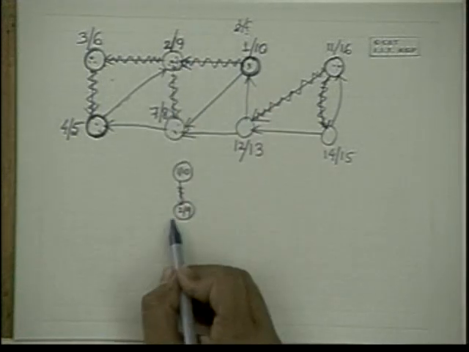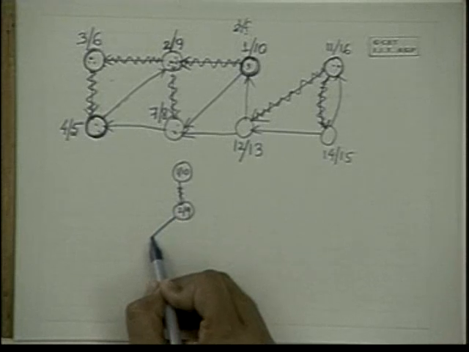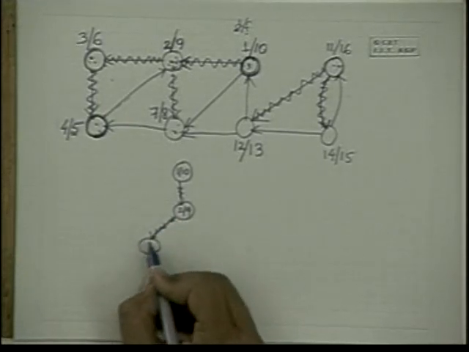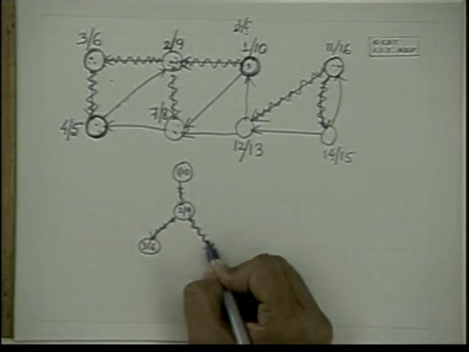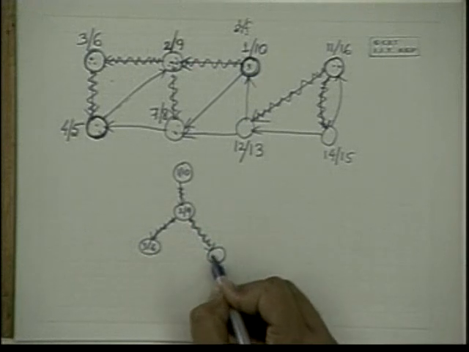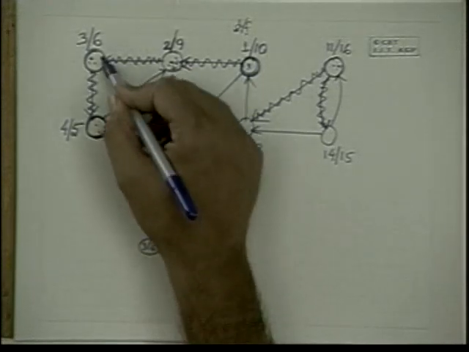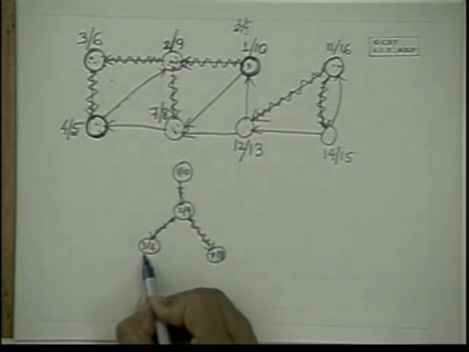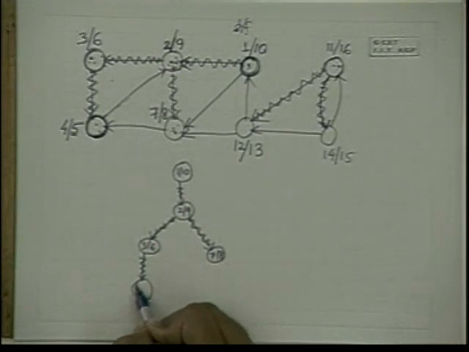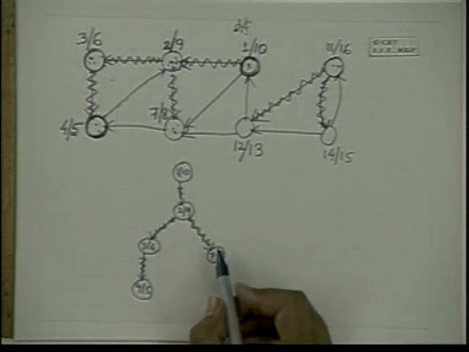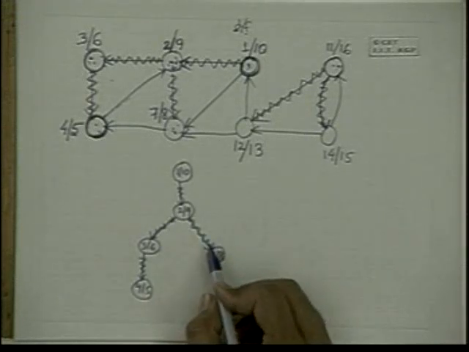Then from this one we gave 2 recursive calls. So this will be 3 by 6, and we gave another recursive call which is 7 by 8. So these 2. From 3 by 6 we gave a recursive call which is 4 by 5. From 7 by 8 we did not give any recursive call.